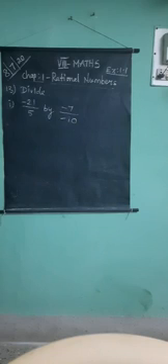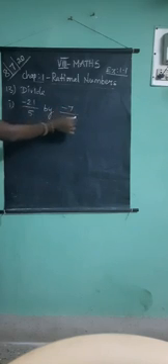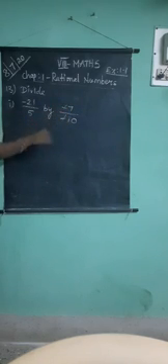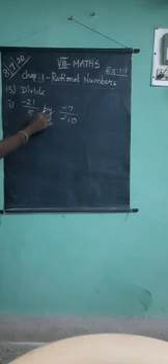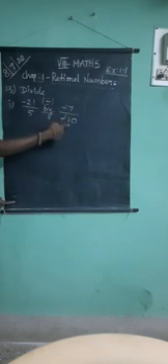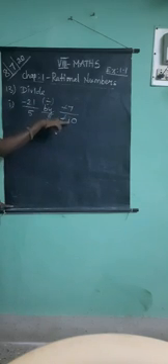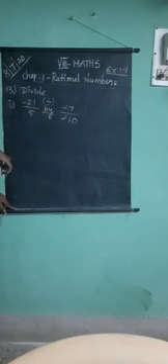Now see, minus 21 by 5 divided by minus 7 by minus 10. Minus cancels. By and divide have the same meaning. So the number after the divide, we use the reciprocal. Division changes to multiplication, and we have to use the reciprocal.